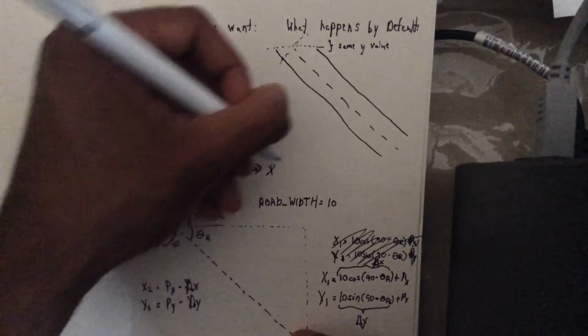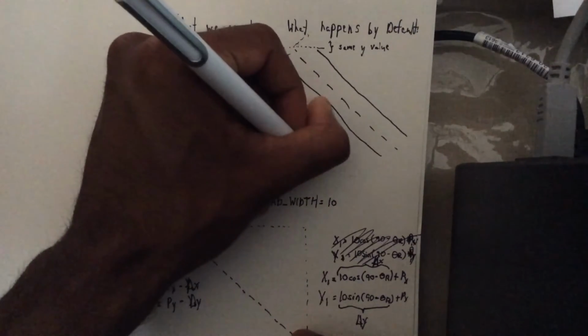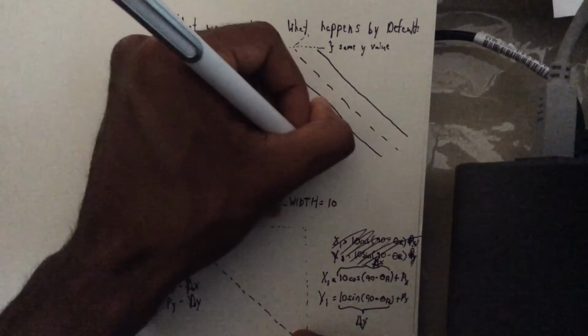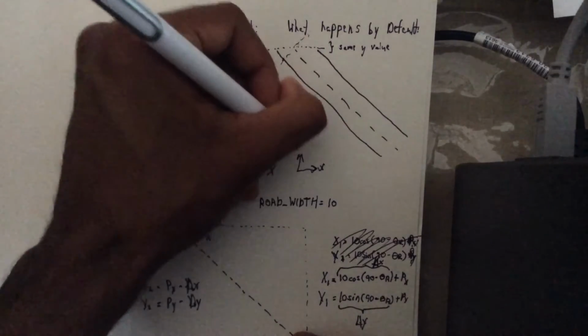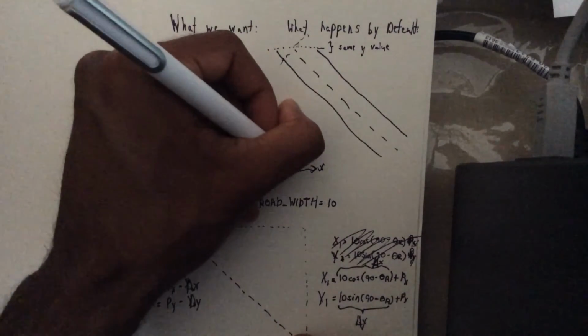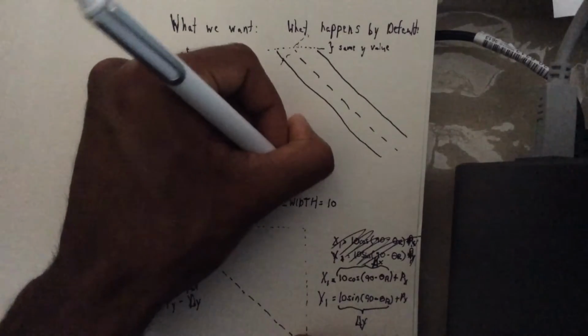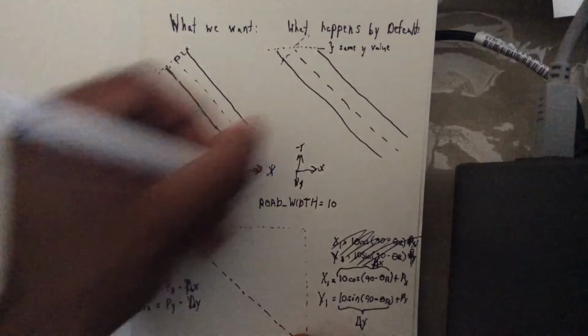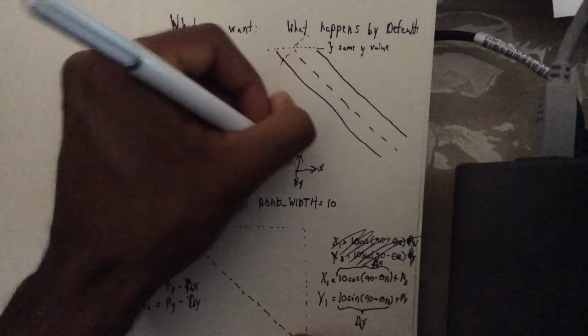But what's actually happening in the code, as he pointed out last time, is x is to the right and negative y is up, or basically y is going down.